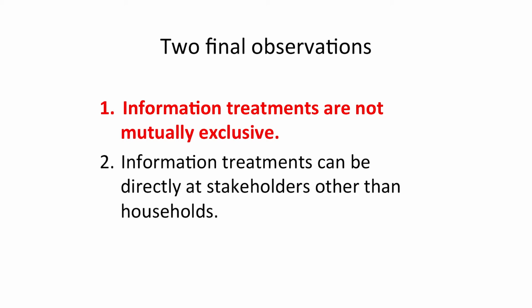To conclude this presentation of our topology, I want to make 2 additional points. First, information treatments are not mutually exclusive. An information treatment is often coupled with hardware interventions. For example, a donor may design a program that has both a health education component and the construction of new water infrastructure, such as hand pumps and deep wells. The underlying assumption is that households might not use the new water source without more education about the technology's health benefits.